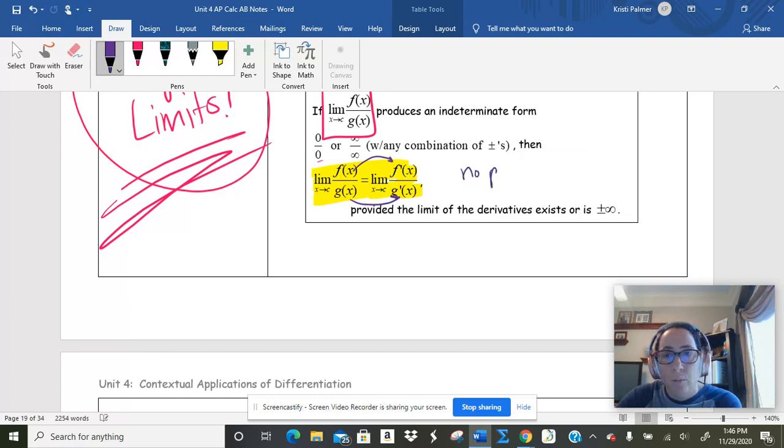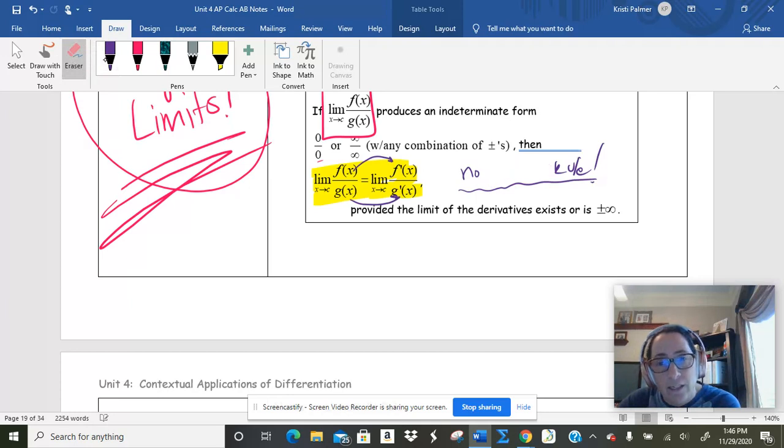So there's no product rule here. Not product. Oh my gosh, you guys are yelling at me and saying, Miss Summer, that's not a product. No quotient rule here.